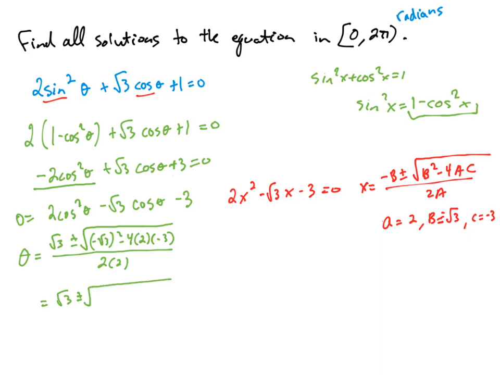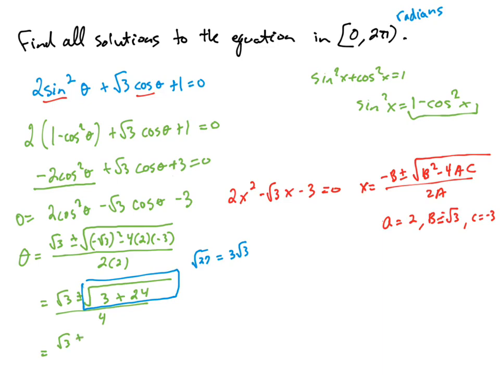So simplifying under the radical, I get square root of negative square root 3 squared, which is positive 3, plus 4 times 2 is 8. 8 times 3 is 24. So this expression right here is the square root of 27, and I can simplify that as 3 square root 3.